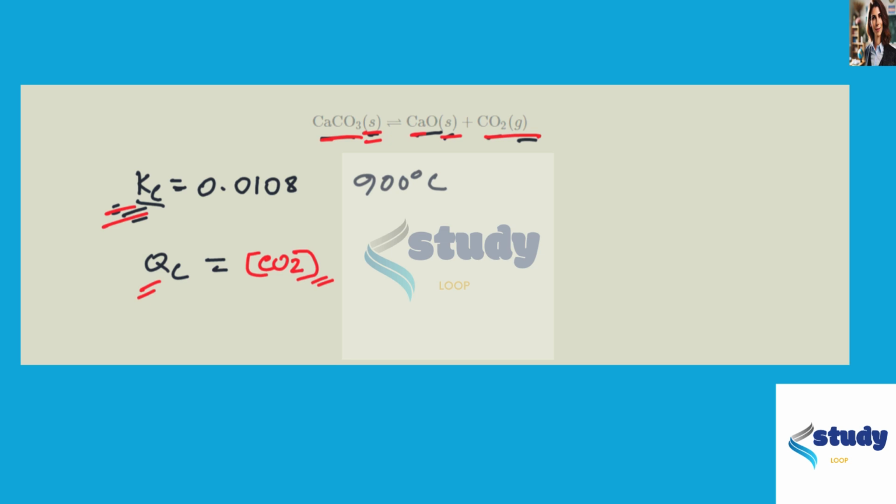For the first one, in each case we are given the mass of CO2. In the first one, our mass of CO2 is 4.25 gram. To find the concentration of CO2, first we have to find the number of moles of CO2, which will be mass over molar mass.